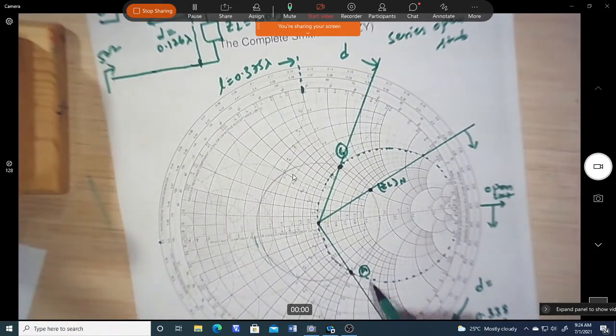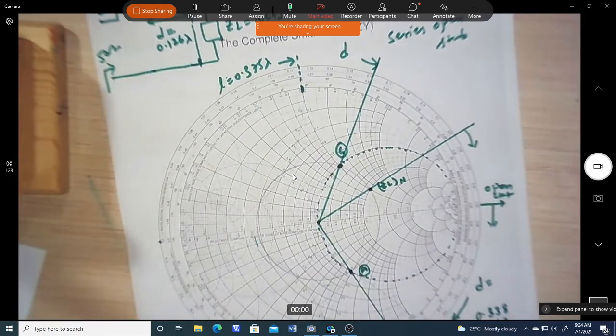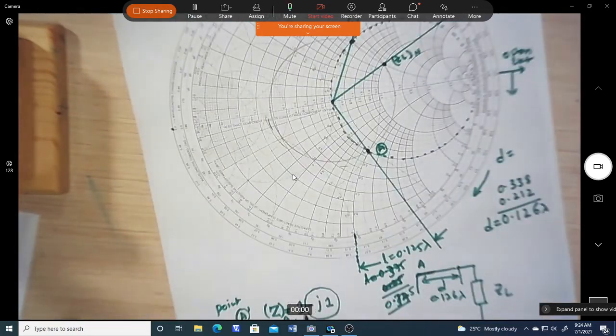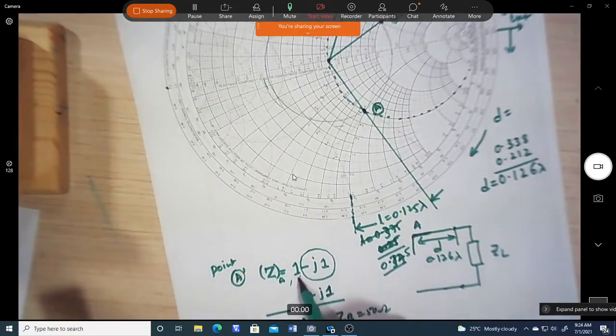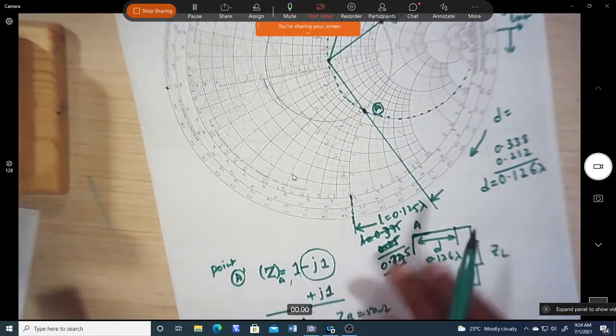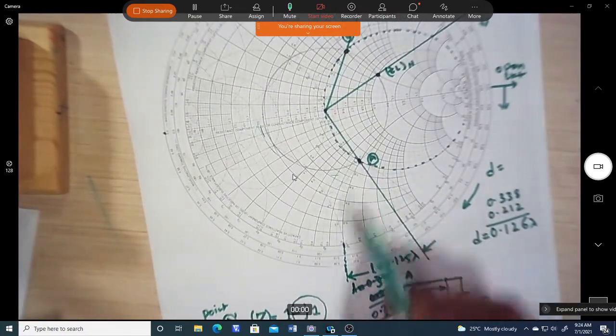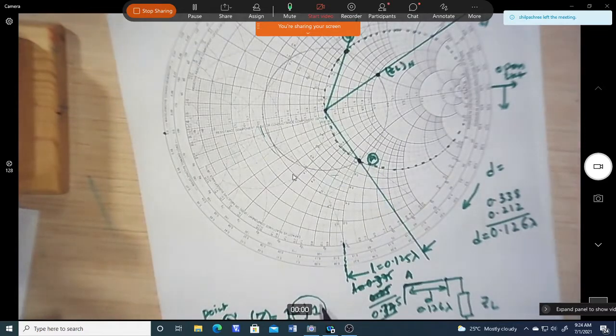Okay, so now at this point we are getting the impedance value which is 1 minus J1. Okay, so this 1 corresponds to almost 50 ohm, where we have an absolute value of 50 ohm. But the reactance value at this point is minus J1. So now that minus J1 we need to compensate by using the length of the stub.